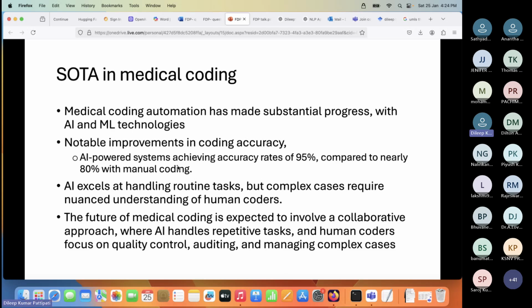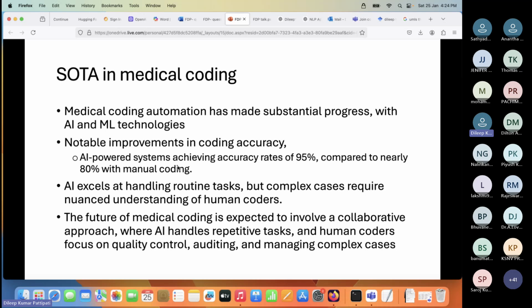Okay. What is the state of the art in medical coding? No doubt, with the advancement of AI and ML technologies, medical coding automation has made substantial progress. When it comes to coding accuracy, I am being a bit generic here; it all depends on which coding you are doing. But in general, if manual coding previously had an accuracy of 80%, with AI systems it got up to 95%. There is good improvement in that. But there are some limitations too.